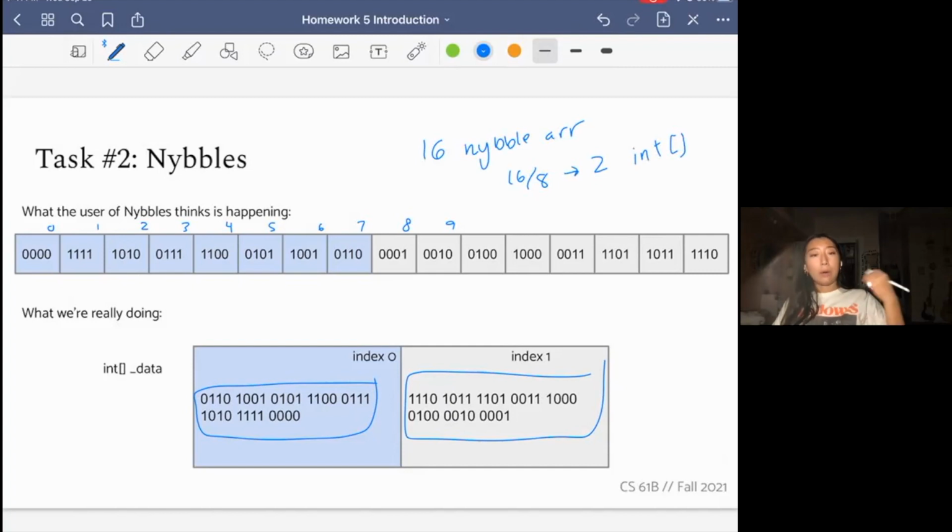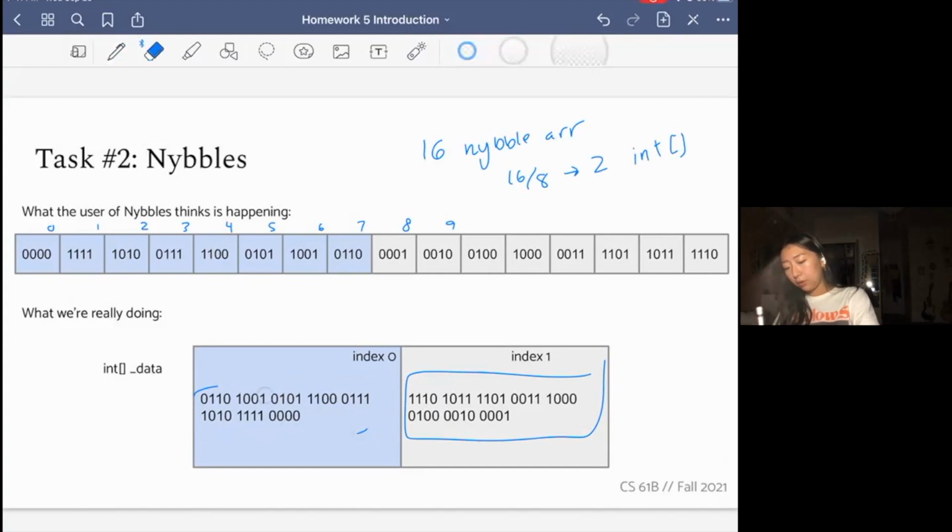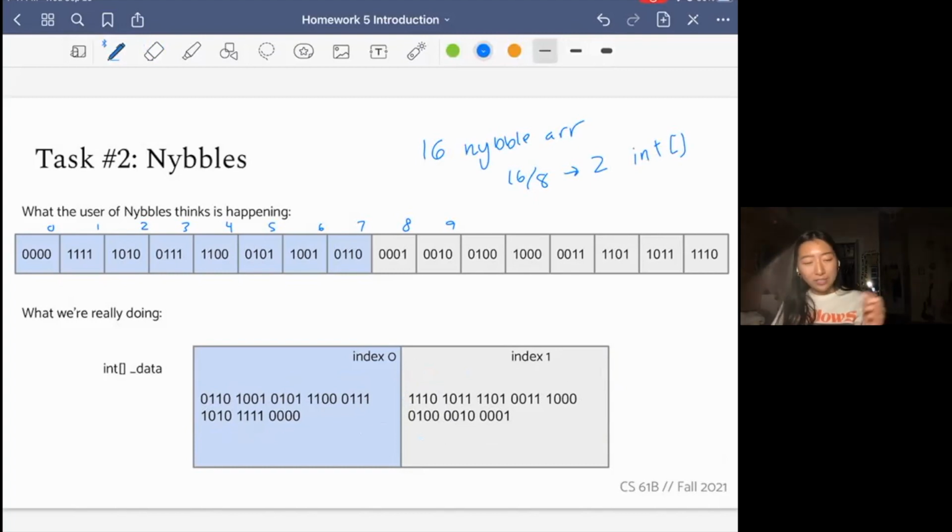And so I want to point out something really important, which is that notice how within the block, or within one integer, we are going from right to left, because the 0th nibble, or the least significant nibble, should go at the 0th or least significant nibble within the int, right?